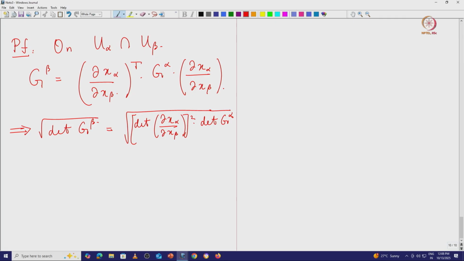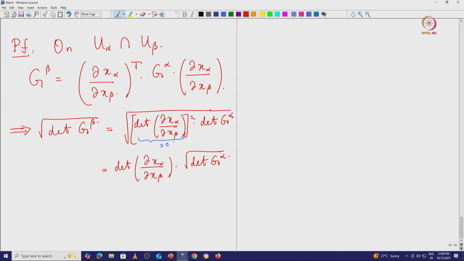Whenever you pull a square out of a square root, you get the absolute value of that number, but because we are working on an oriented manifold and with oriented charts, all of these determinants are positive. So if you pull this out of the square root, you are just going to get the determinant of this times this.